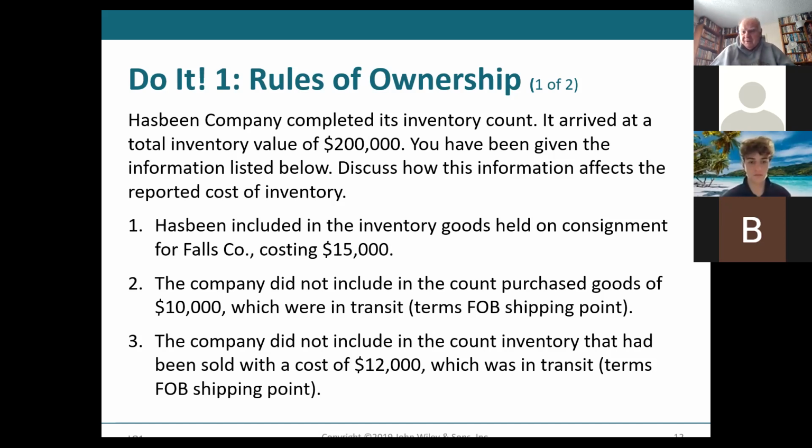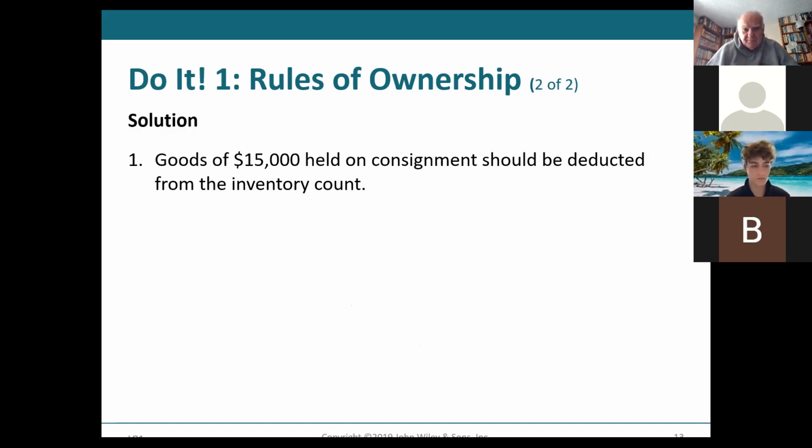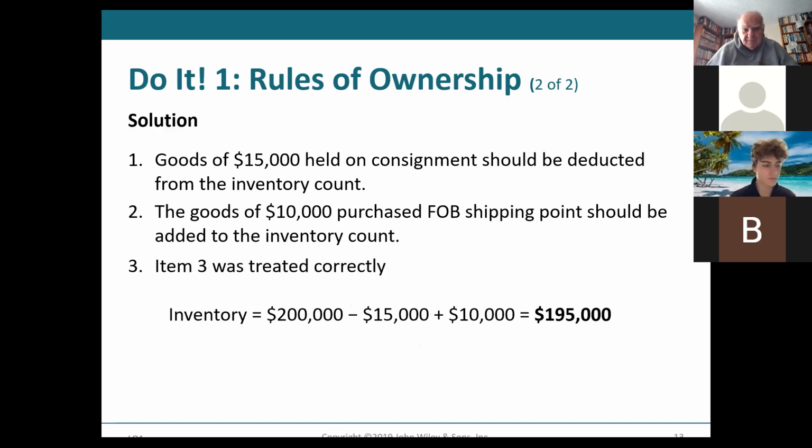This time we're on the other end of the transaction. We're shipping it, and they did number 3 correctly. So I would expect to see the $15,000 come out and the $10,000 go back in. So the adjusted inventory went from 200 to 195.